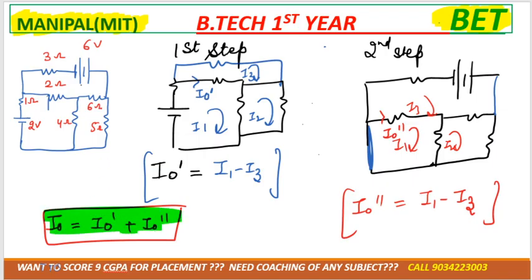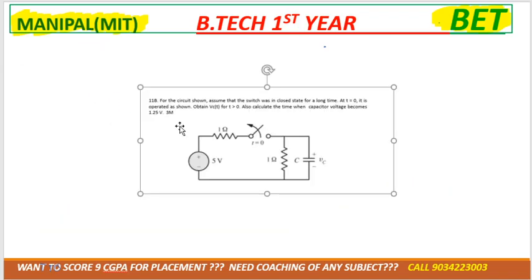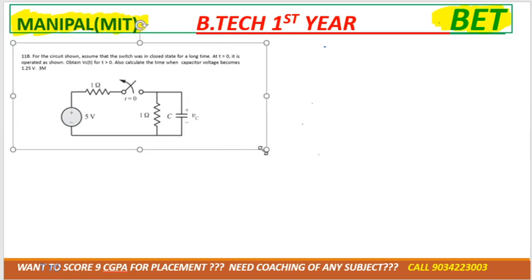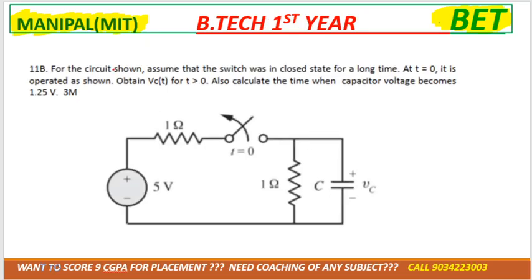Okay. Now move towards the next question, that is based on transient, right? As in your end-term paper also, a transient question always comes. So the next question is related to the transient. Read the question. In this they said, for the circuit shown, assume that the switch was closed for a long time.